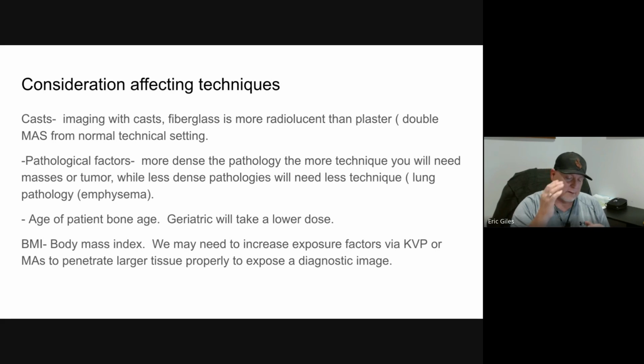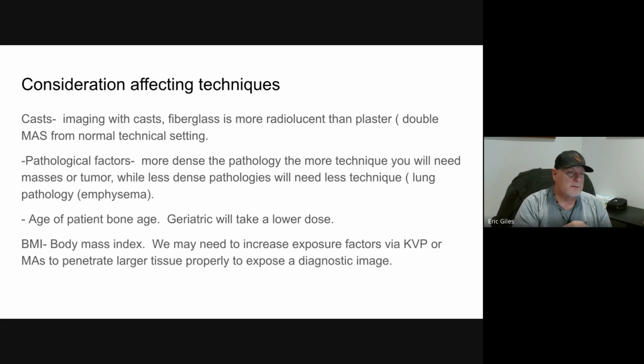What you do is you choose your wrist technique on your APT, and then you double the mass. You're just sending some more radiation photons there. So just remember, double your mass when you have a cast from the original technique.